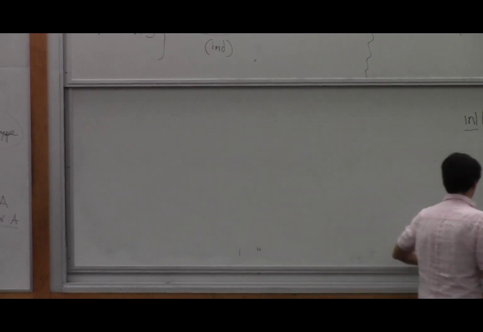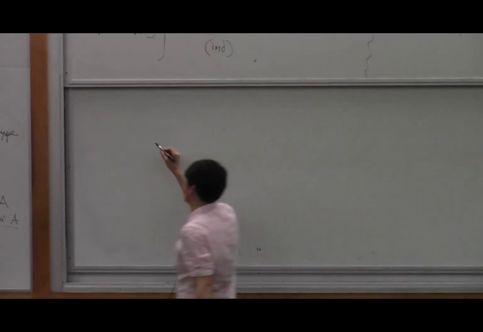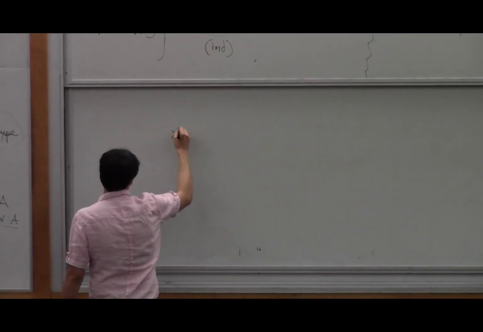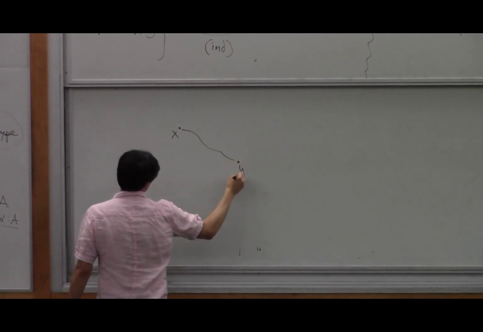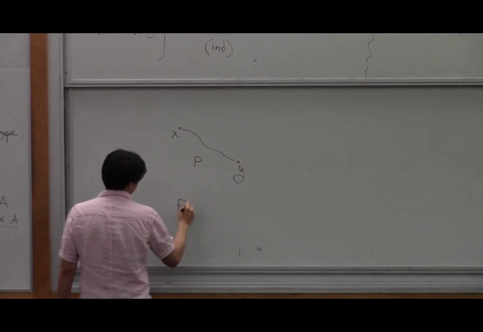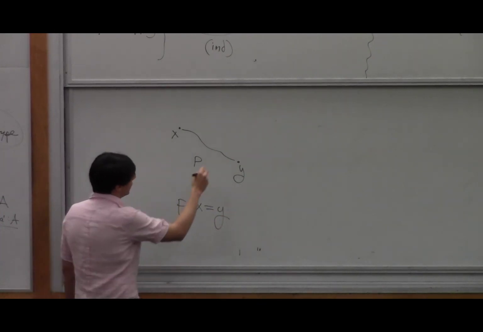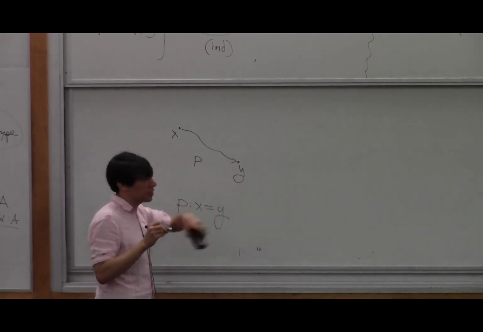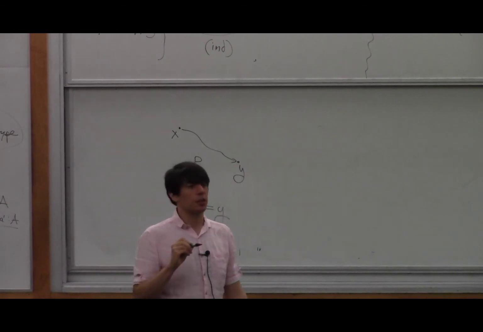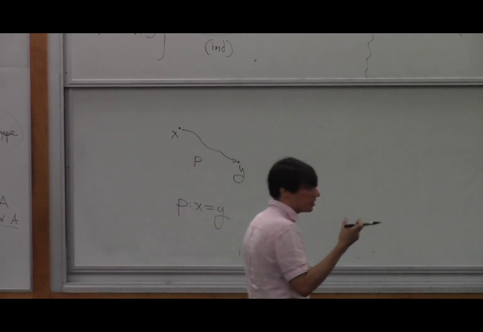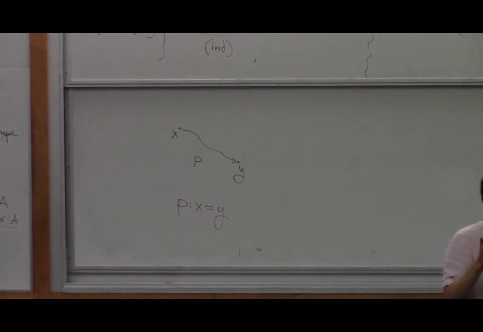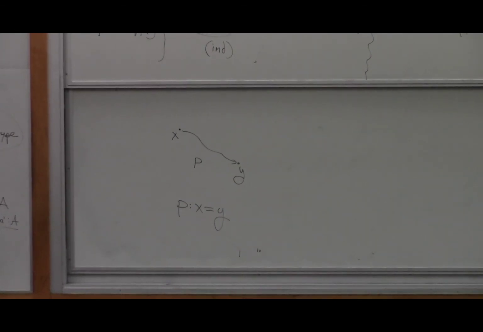You can give models where you think of a P that has type x equals y as denoting some notion of morphism in a category from x to y. So each type then itself becomes a structure like a category where it internally has a notion of morphism on its elements.